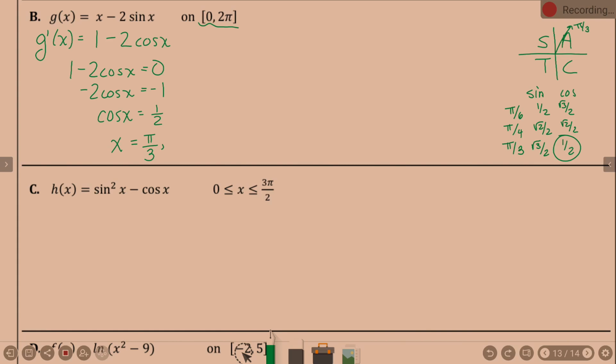What other quadrant do we need? We're looking for where cosine is positive 1/2. So cosine being positive, we're going down here.